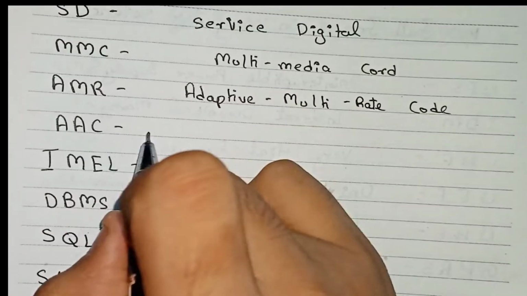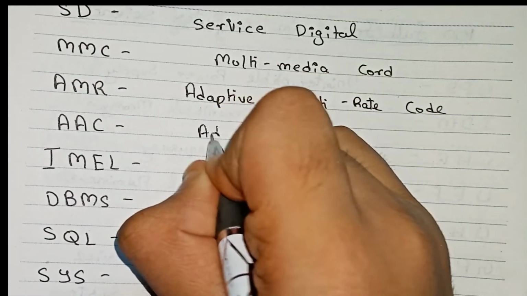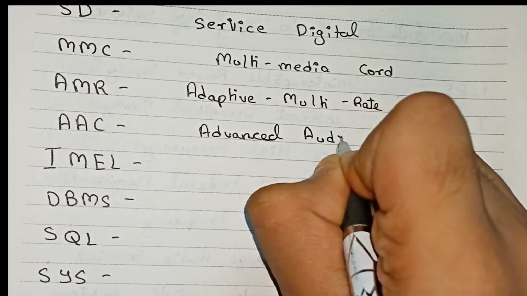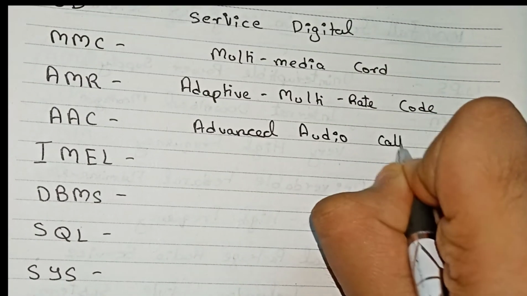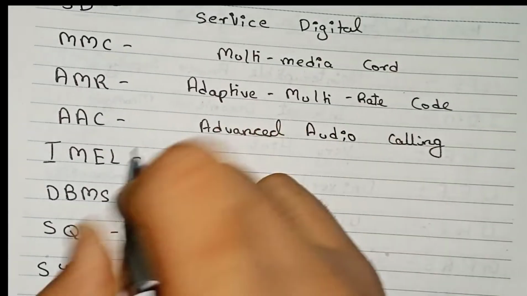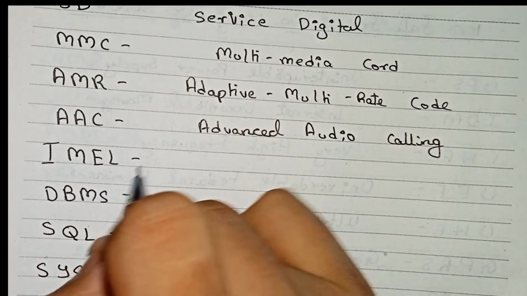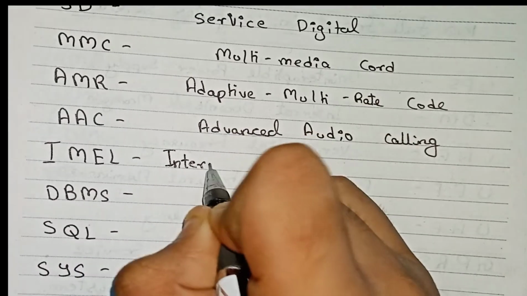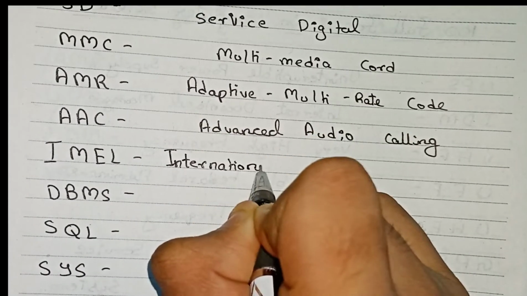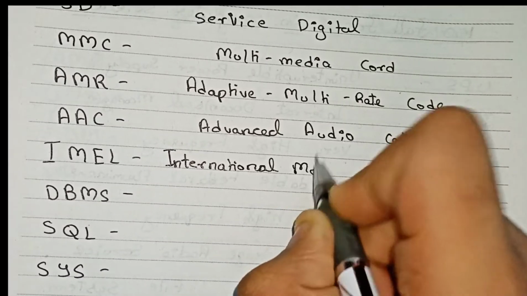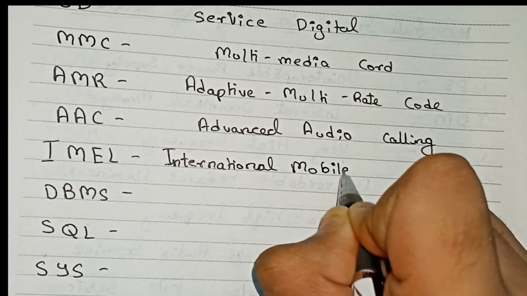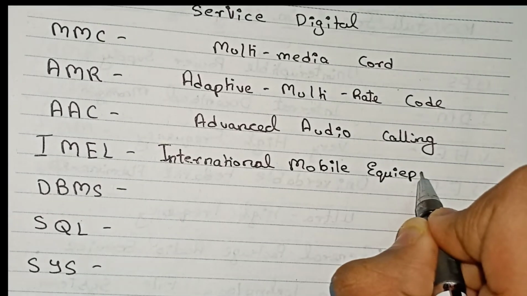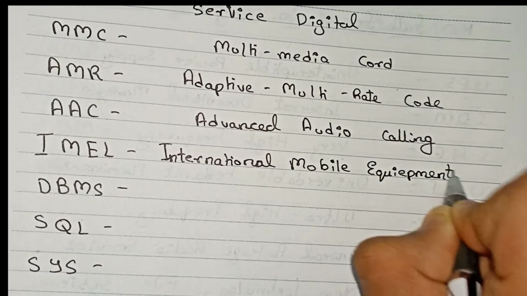Next is AAC, that is advanced audio calling. Next is IMEI, that is International Mobile Equipment Identity.